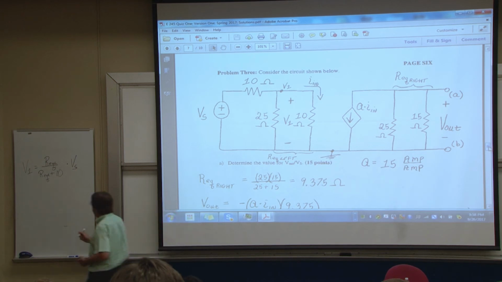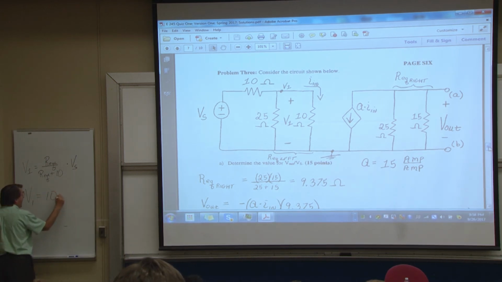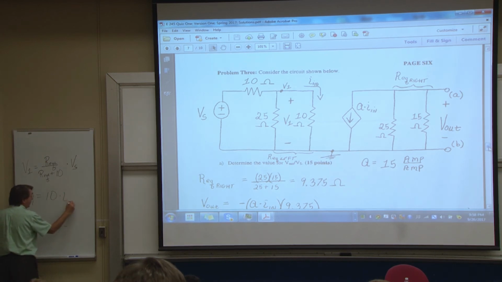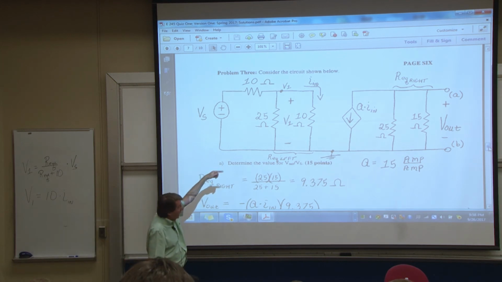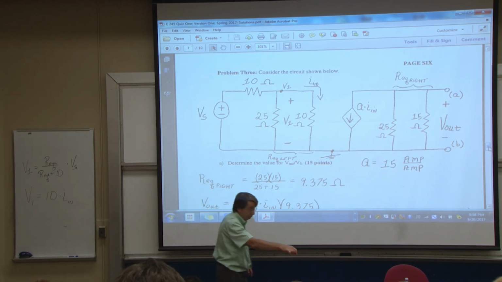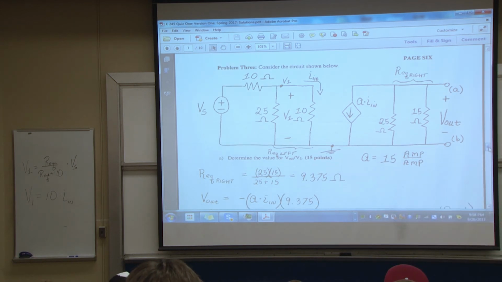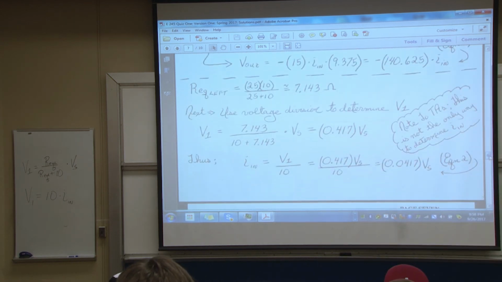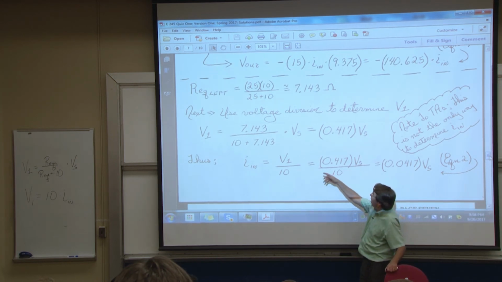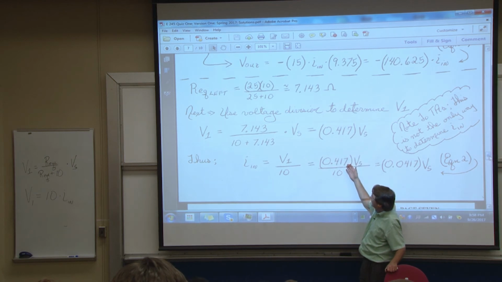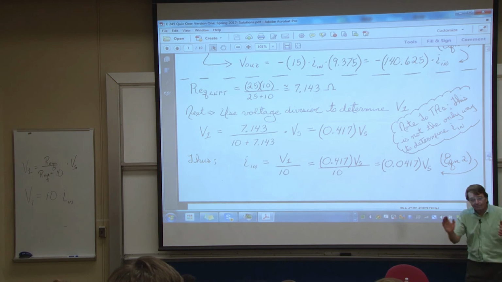So V1 also equals 10 times I in. And I say, I think I got it now. I slide down here and say, I in is V1 over 10. What's V1? I already got that. So I now have I in in terms of VS.